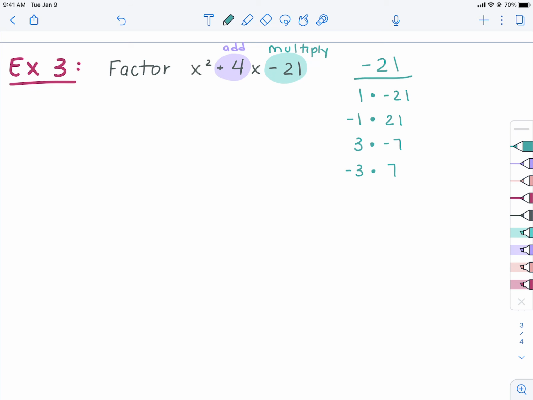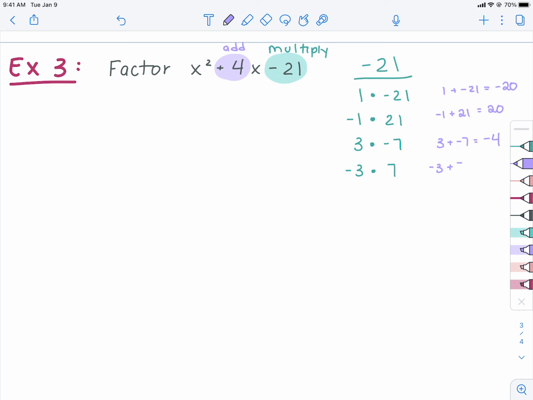Now I need to go through and see which one adds to give me a positive 4. If I do 1 plus negative 21, it's really like saying 1 minus 21, which gives me negative 20. Negative 1 plus 21 gives me positive 20. 3 plus negative 7 gives me negative 4.